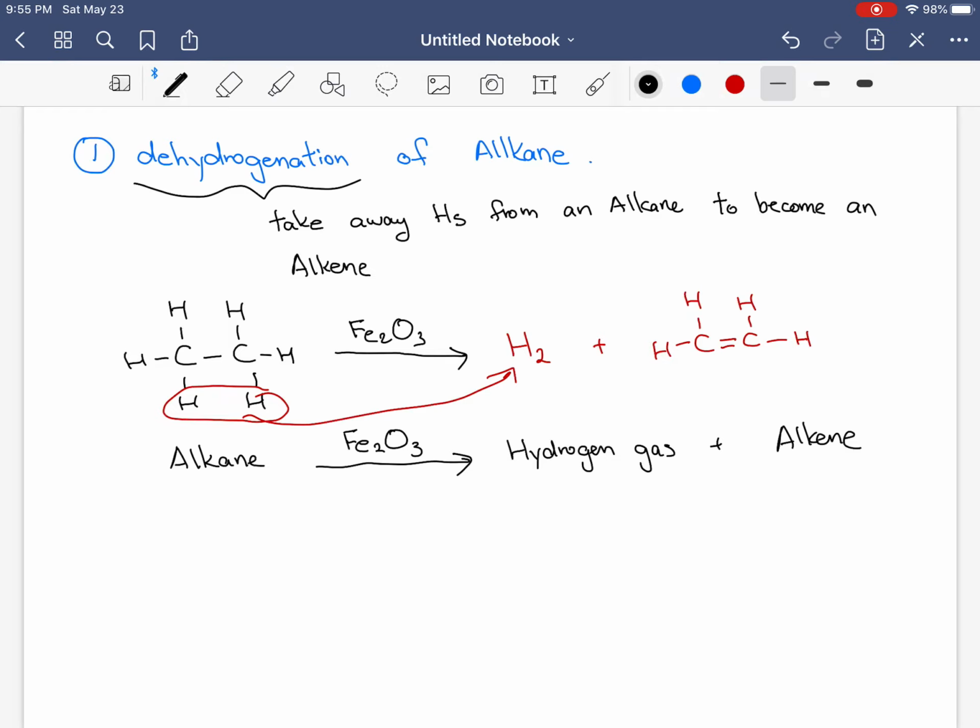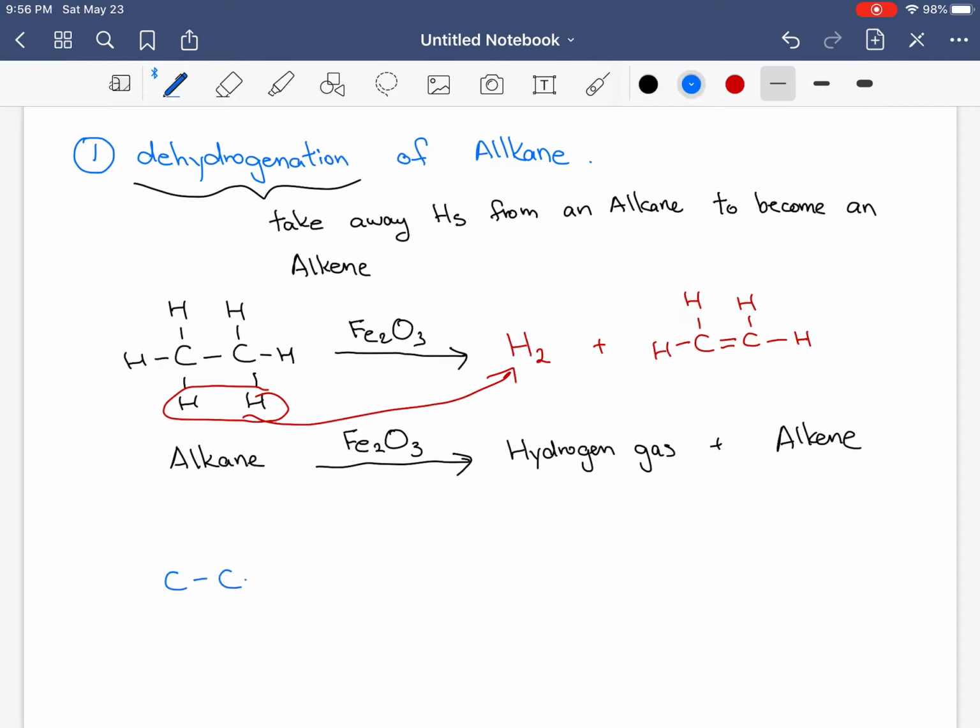As I said, you might have seen something like this before, like the dehydrogenation of fatty acids, which turns saturated fatty acids into unsaturated fatty acids. Let's take a look at some more examples.